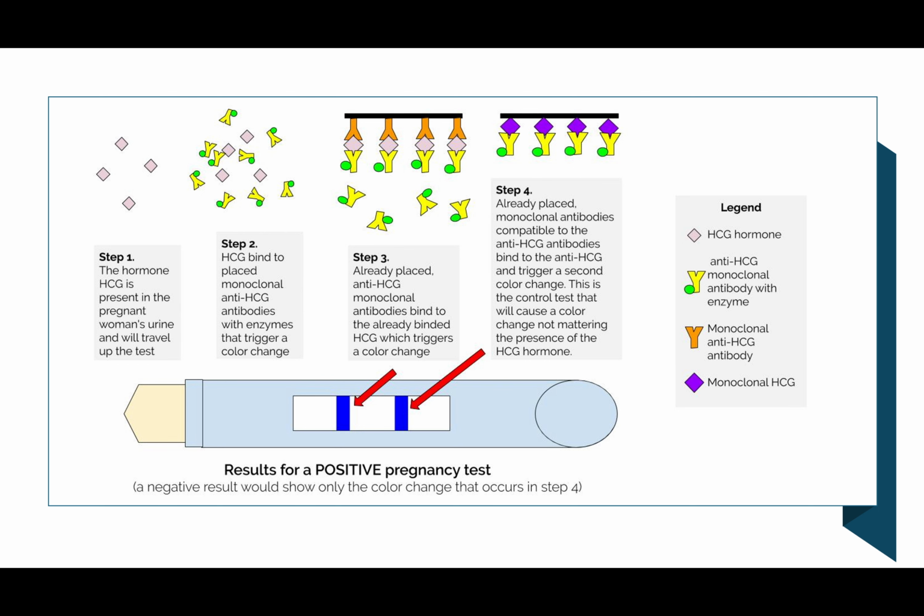The test area has receptors that bind to anti-HCG monoclonal antibodies. So if they're present, then it will show positive for the test area. And on the control area, there are antibodies regardless, so it will show. If it's working, it will show. So that's really it for that part.